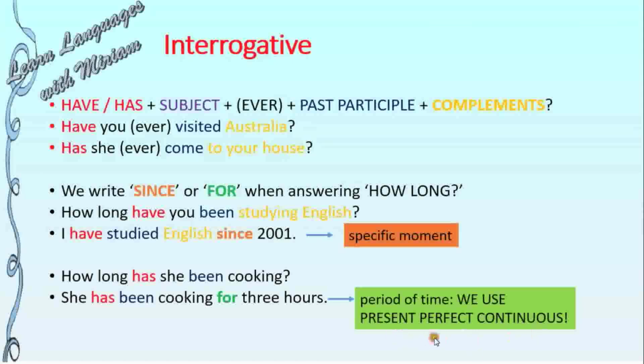What is present perfect continuous? Very easy. Verb to have in the present plus been plus the verb in ing. With this sentence, you've got the meaning of a period of time, of duration.